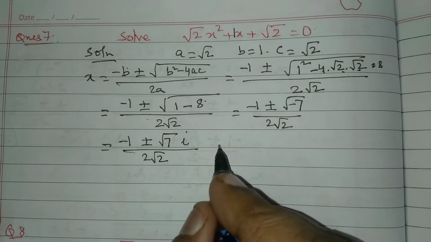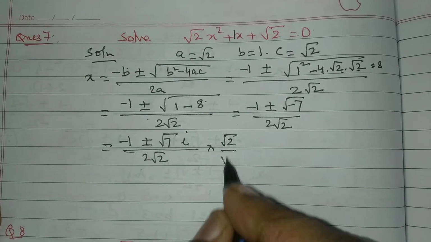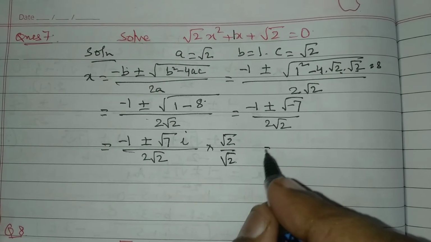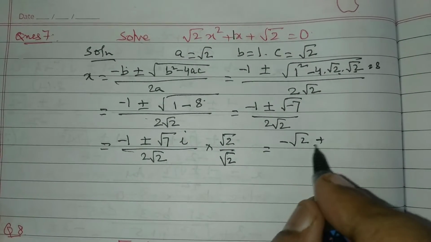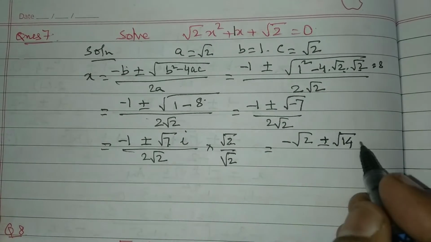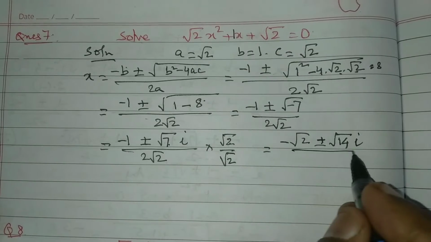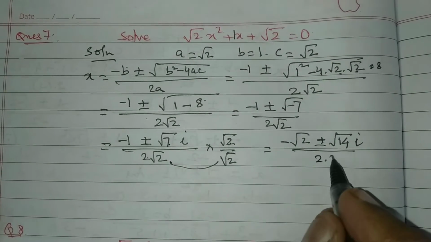Therefore, if you rationalize the denominator, we will multiply by root 2. So it is minus root 2 plus minus root under 14i, root 2 into root 7, divided by 2 into 2.